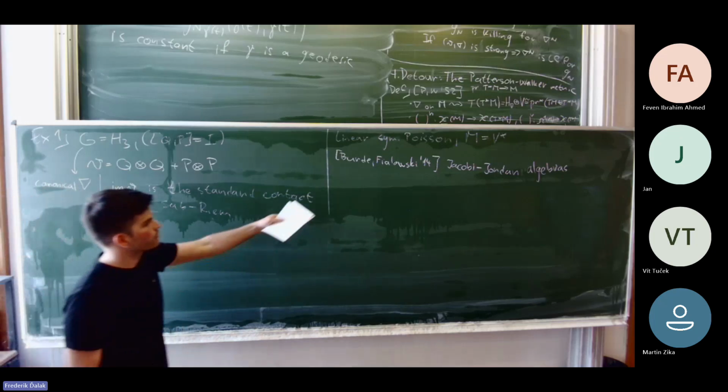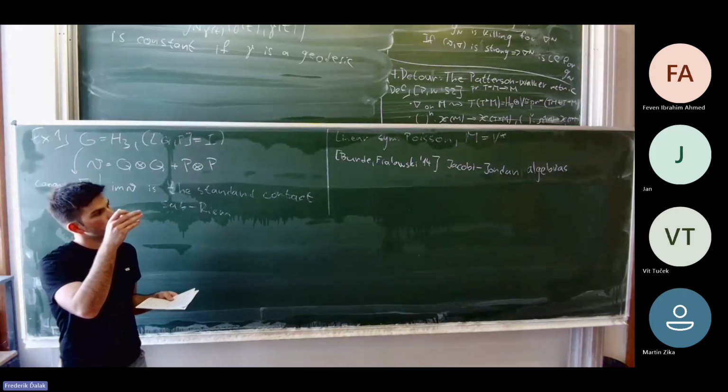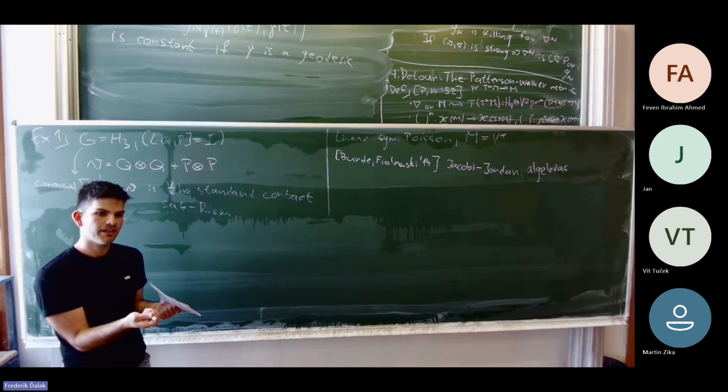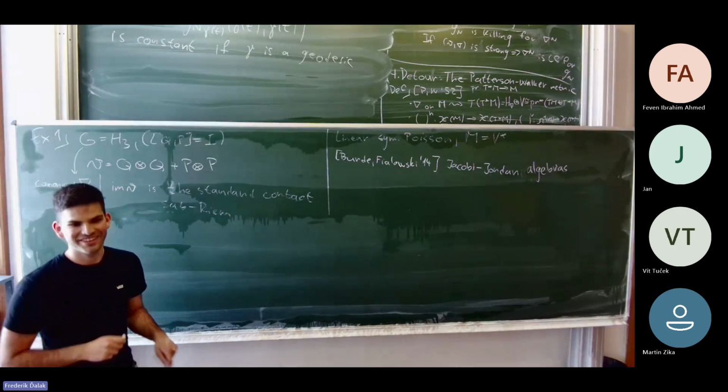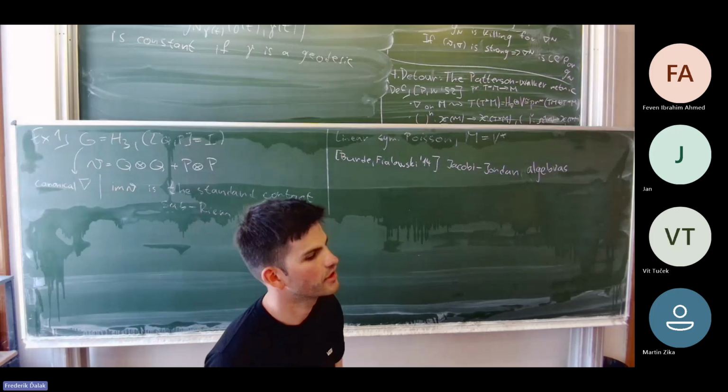What's good about this paper is that they give a classification, so you know that up to dimension 4, all Jacobian algebras are associative. So this is like an analog of a linear Poisson structure? Yes, precisely.